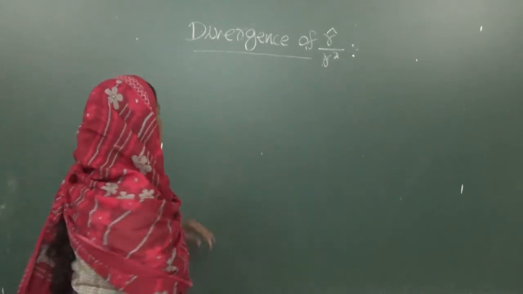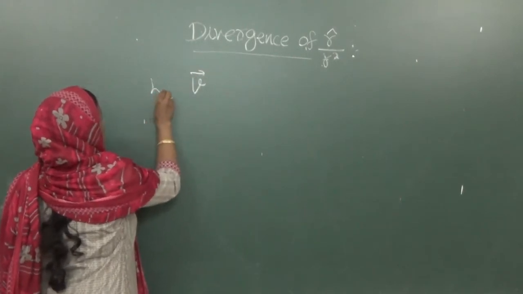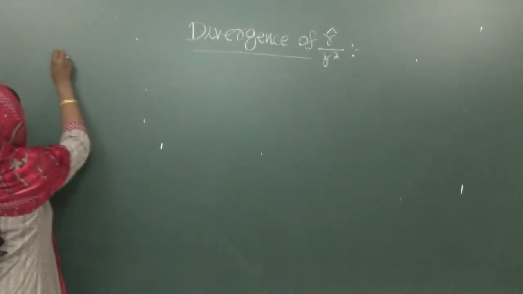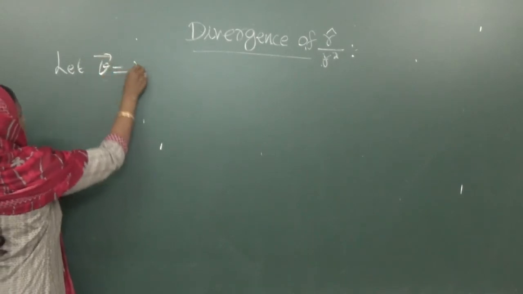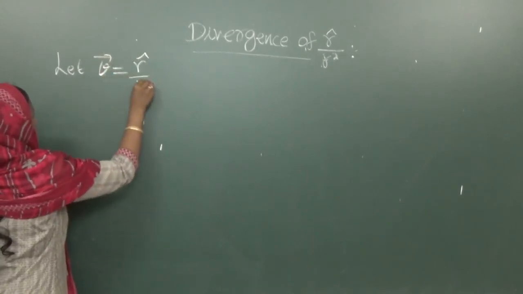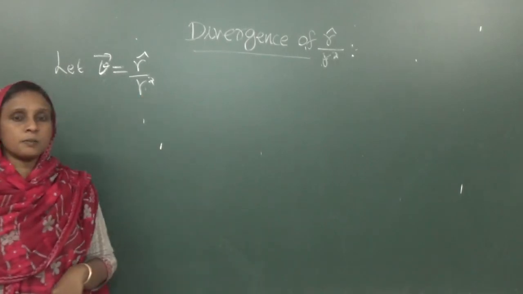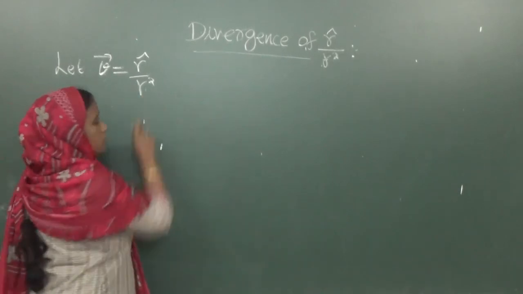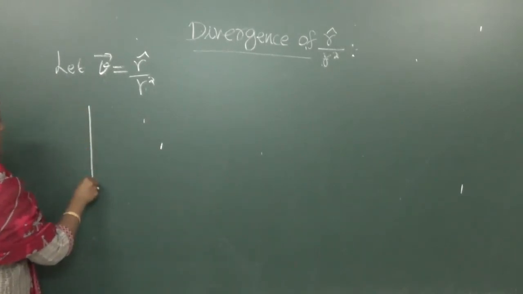Okay, so the function is given like this. Let vector v equal to r cap by r square. If you plot this function, the function should be like this.